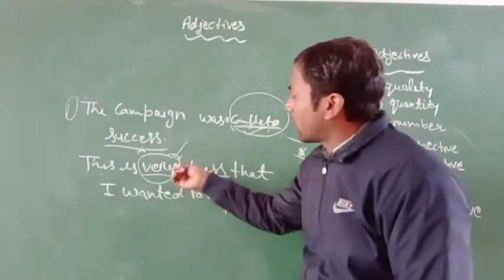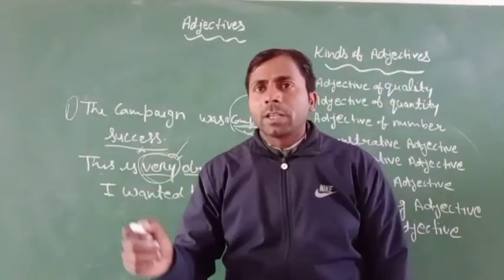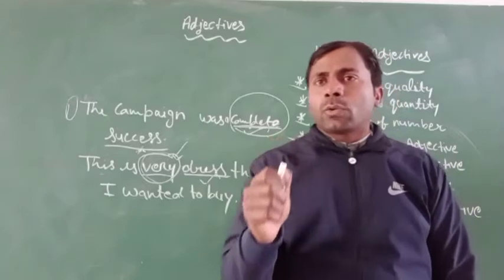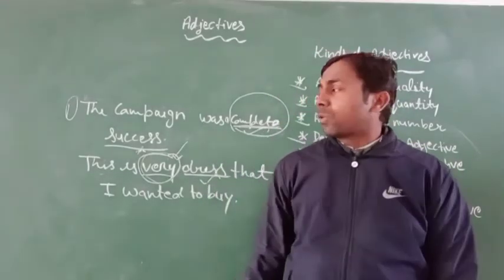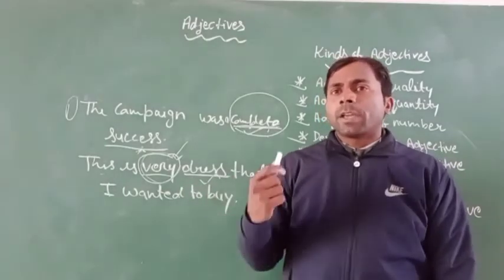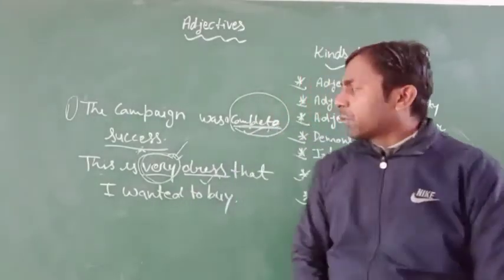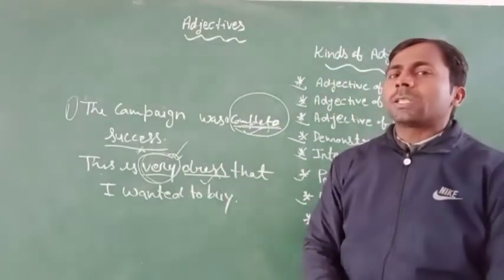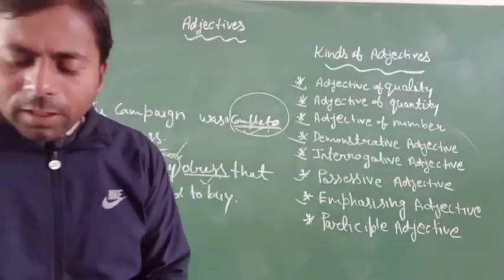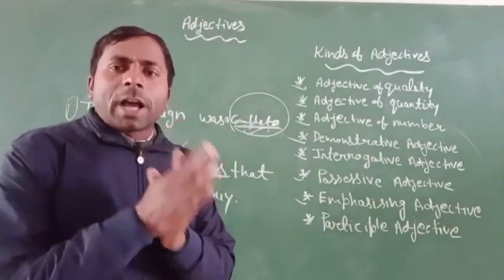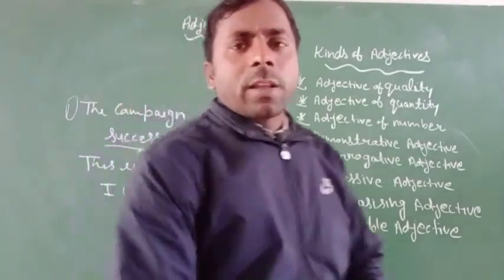So this word very and this word complete tell us in a sentence to emphasize what we want to say, and so these words will be the emphasizing adjectives. I hope you all understand. Wherever these types of words are used in a sentence, they tell us the desire of the subject, what he wants.